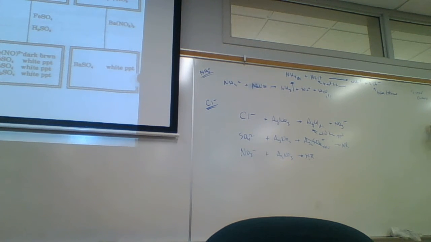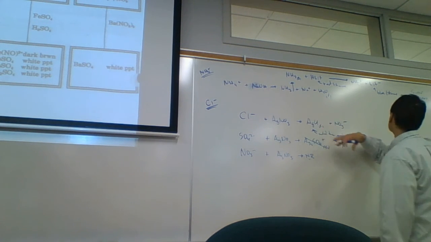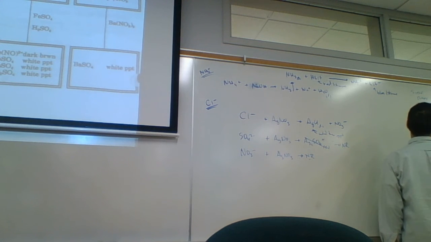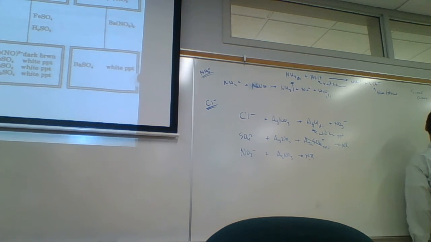And so sodium hydroxide will attack the ammonium, but sodium hydroxide also attacks silver ions. Sodium hydroxide also attacks lead. And so lead 2 is going to form Pb(OH)2, which is a white precipitate. Lead 2 hydroxide is a white PPT. So what else does hydroxide attack?